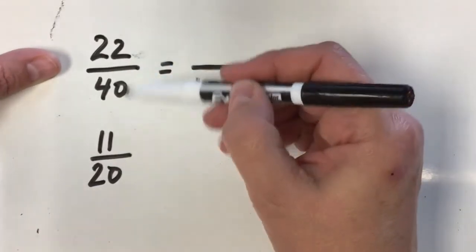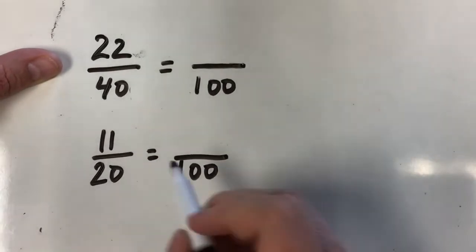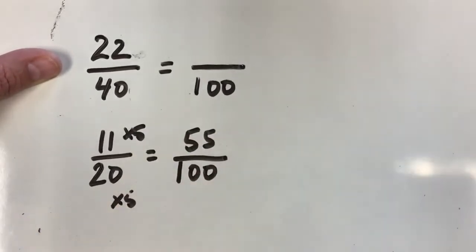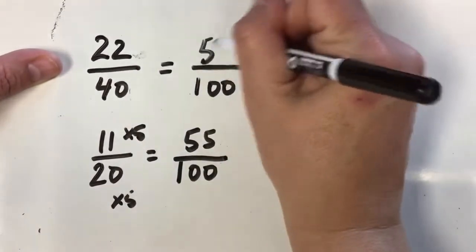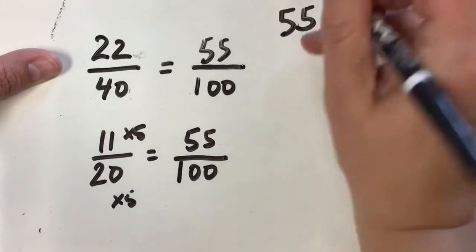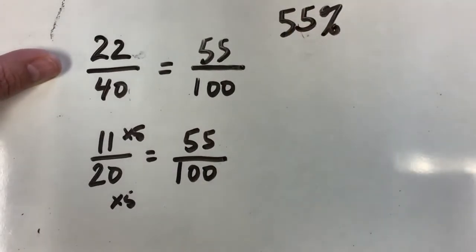That's an equivalent fraction, right? If I did that, that's pretty easy to do. I just times 5 here and times 5 here, and I get 55 100ths, and that means it's 55%. Oops, 55% of the chilies did not have 2 types of beans.